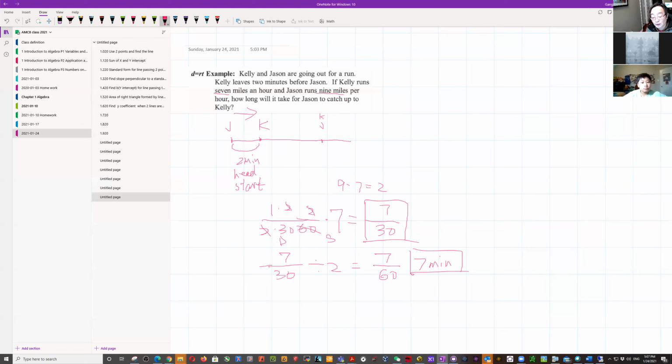But we can set up equations. Let's try to set up an equation system.